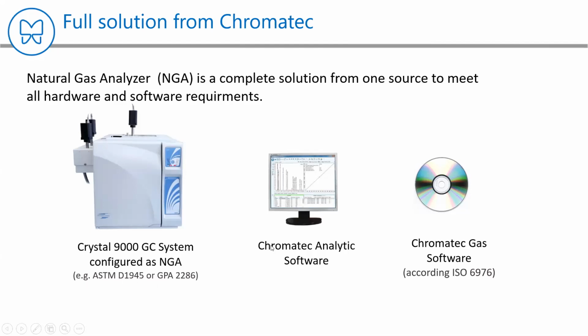We have Chromatech Analytic software to drive the GC, and in addition we have Chromatech Gas software, which is according to ISO 6976, to provide the additional calculation needed for natural gas. I will show you later the Chromatech Gas software as well as Chromatech Analytic.